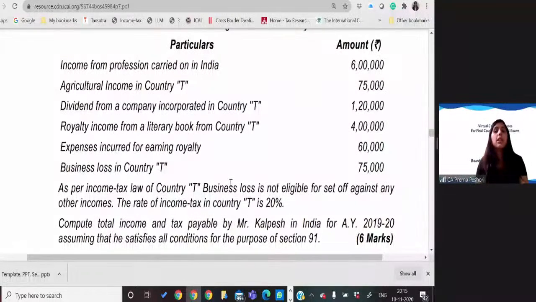Ambika, total income is not 10 lakh 60. As I said, you will have to take into account the 80QQB deduction on royalty income, which is earned in convertible foreign exchange. So you have to assume that this is in convertible foreign exchange and you get that deduction. What will be the foreign tax credit here?